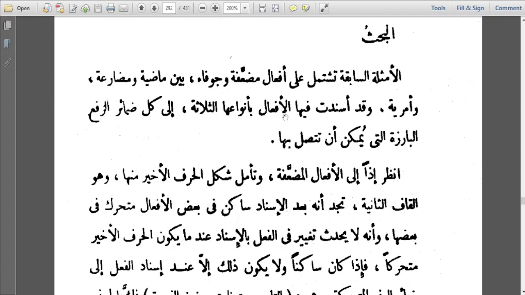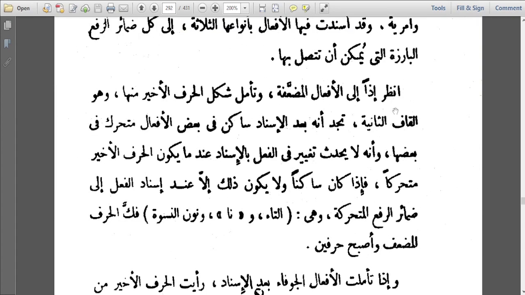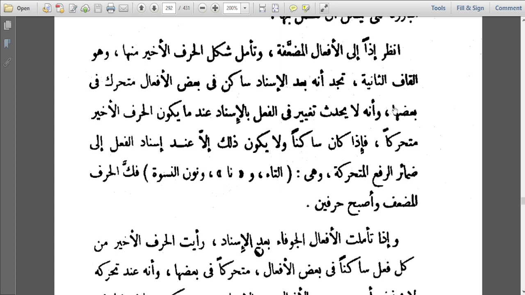So in there, these verbs, the madi, the mudari, and the amr, have been put into contact with ضمائر الرفع البارزة. They've been joined with the ضمائر الرفع البارزة التي يمكن أن تتصل بها, which it can come into contact with. The possible ضمائر الرفع it can come into contact with, they've been joined here in the examples. Now let's see how each reacts.